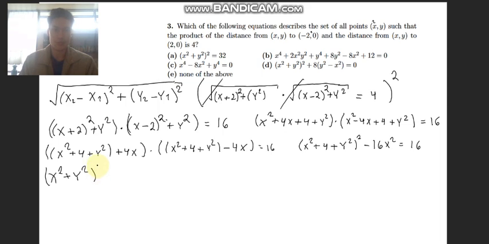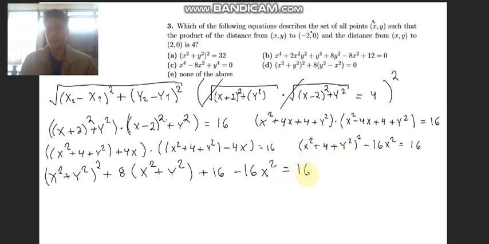That will be much harder. This square, plus 8 times (x squared plus y squared), plus 16, minus 16x squared, and this is equal to 16, and both 16s can be eliminated.